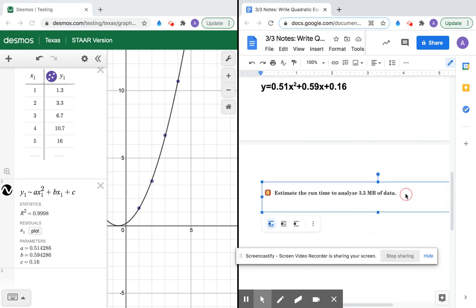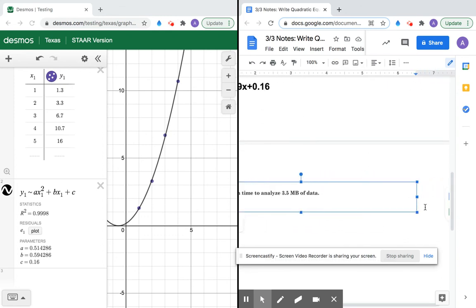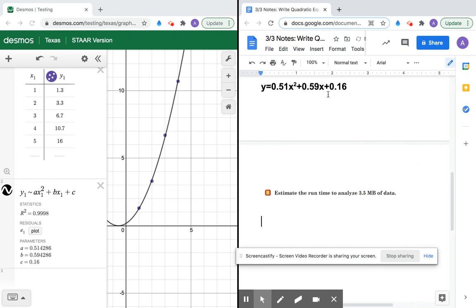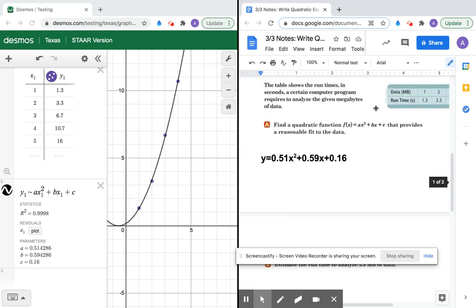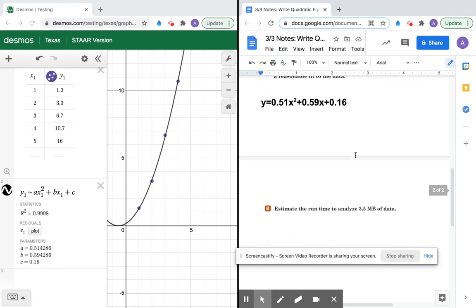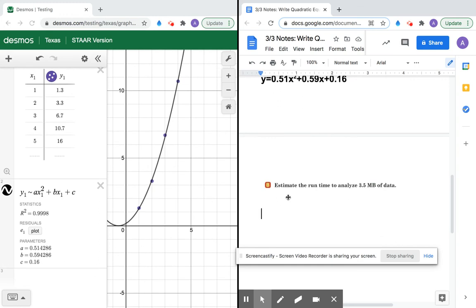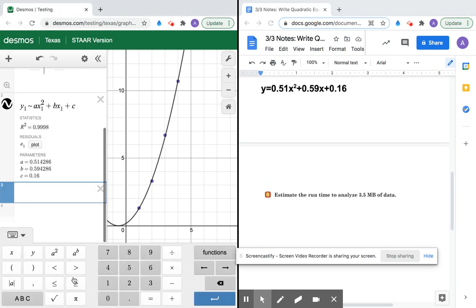So from here, I can take this equation that I just came up with and graph it in my calculator. I'm looking for 3.5 megabytes, so I'm plugging that in for X. You can actually just plug that in to figure out the Y value.